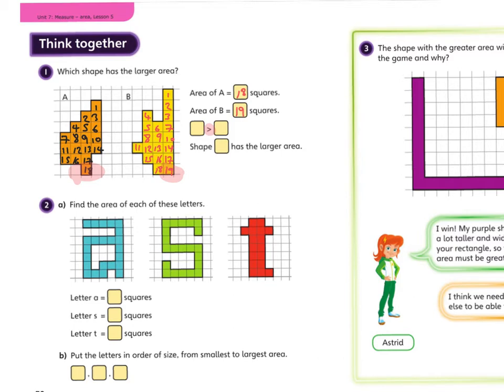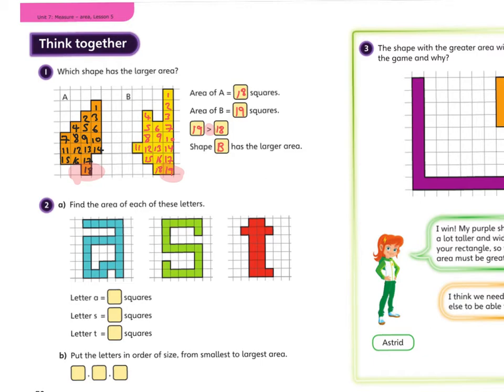So we've got to work out which way round we do this. Which number is the larger number? That's right, it's 19. So 19 goes here and 18 goes there. And shape B will have the larger area. Just check with your symbols.